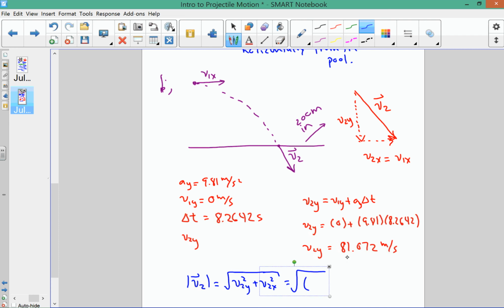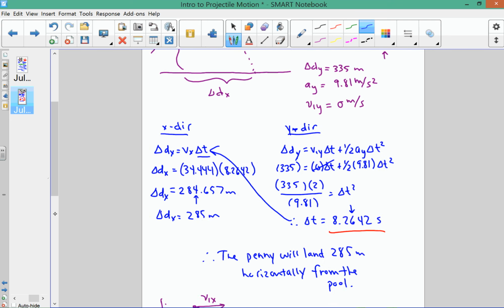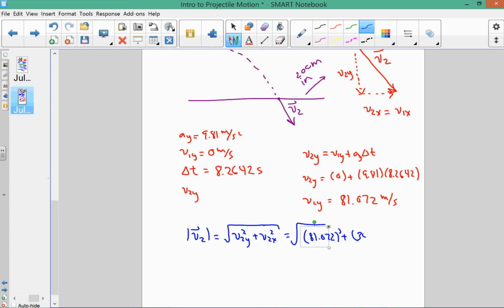That's 81.072 squared plus our initial x velocity from way up here, which is 34.44444 squared. Remember, this is good for three significant figures. We want the square root of that whole thing, and we get, to three significant figures, 88.1 meters per second.